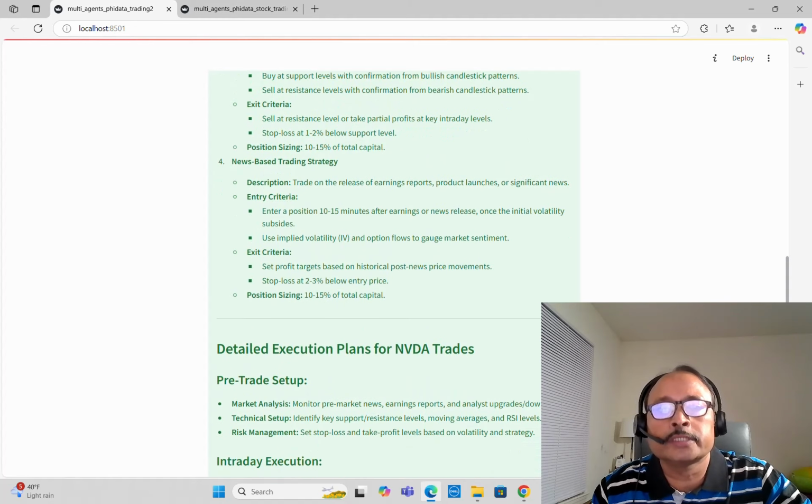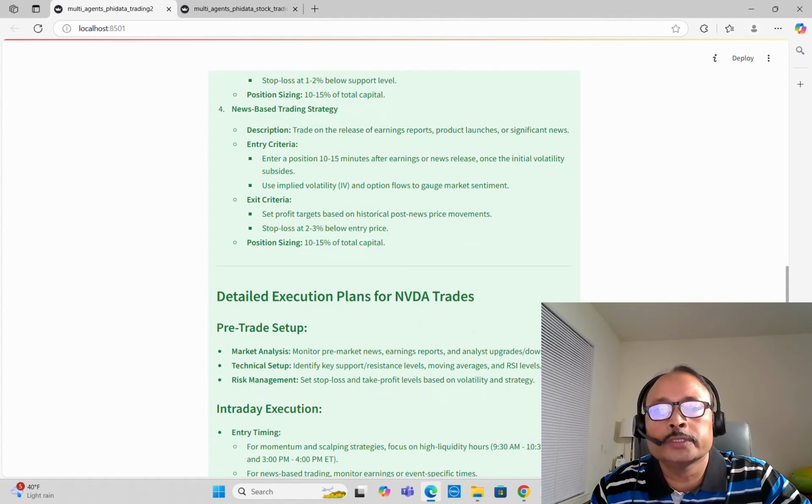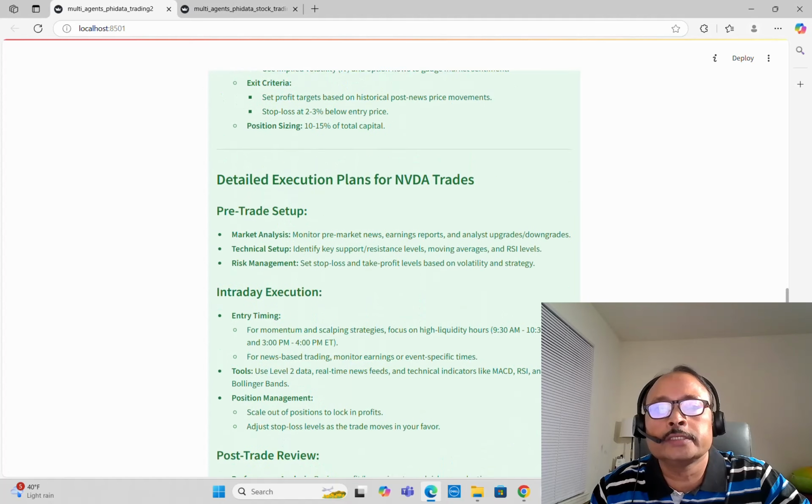Here also the entry criteria, when you should buy, and exit criteria, when you should sell, are given, along with position sizing. So this is about the different trading strategies.